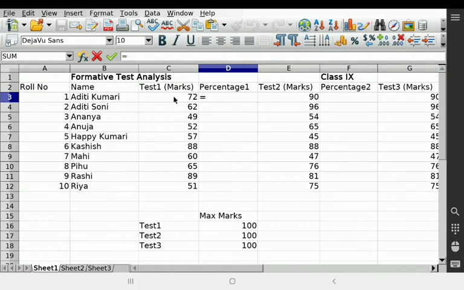This is C3. Here I have not taken dollar sign because it is changed for all the students. The value of test 1 marks is changed for all the students. That's why I have not fixed it.